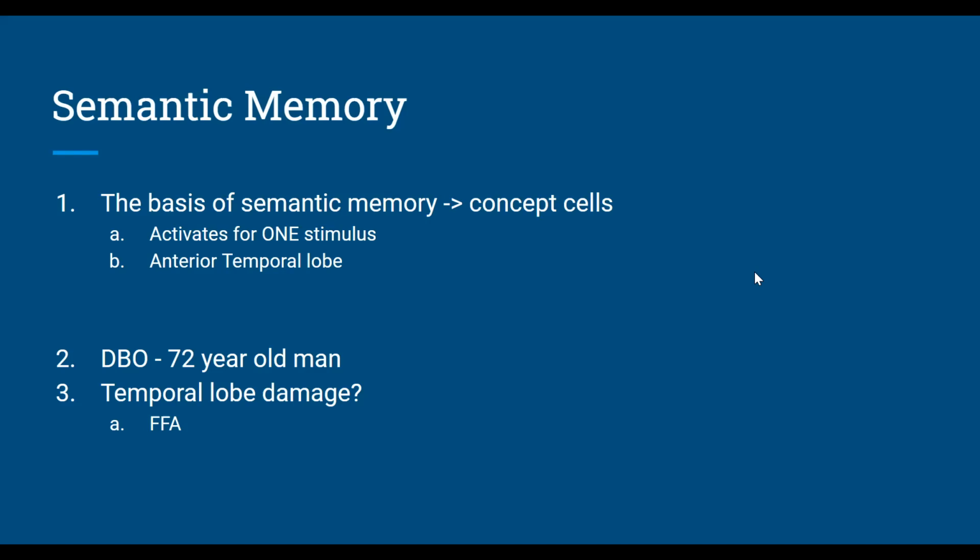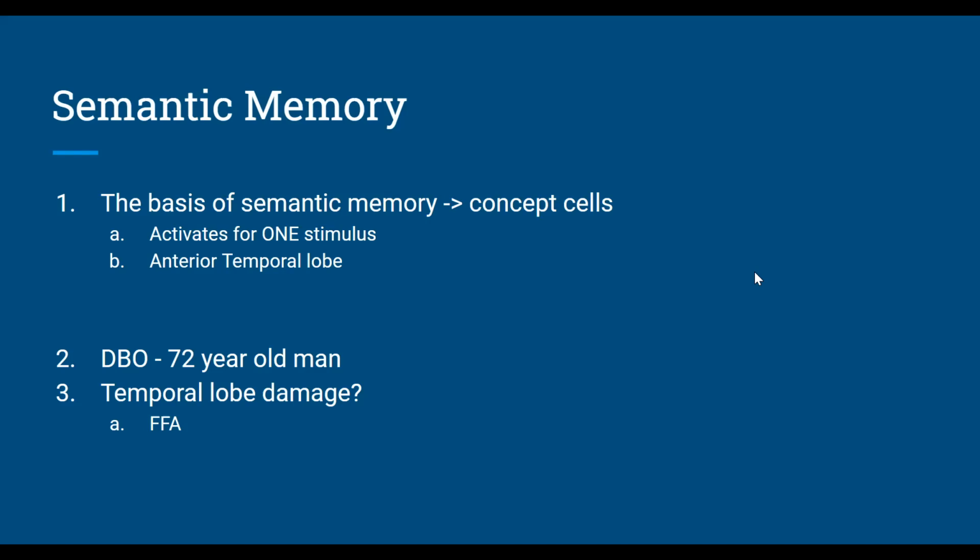Say I say the word needle. Concept cells will activate for just that word, the word needle. And these are found in the anterior temporal lobe.